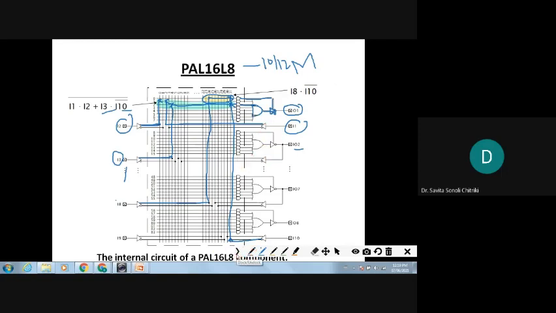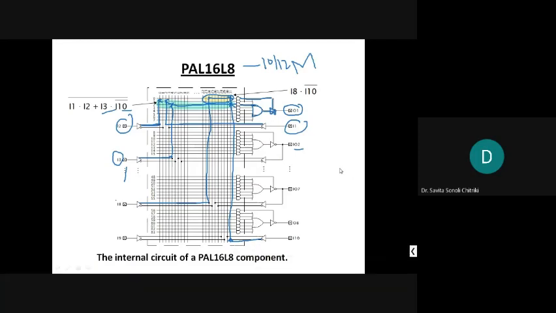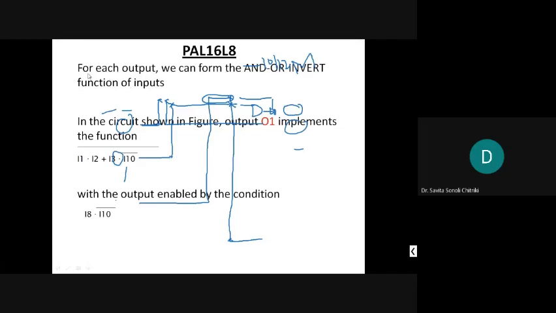So as an example, for each output, we can form an AND-OR invert function of the inputs. Each output in the circuit shown in the figure, output O1.